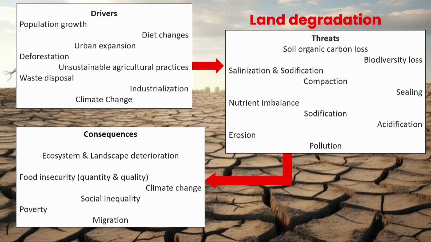Then we check the drivers of this land degradation. One of them is the increase in population around the world, even in our continent and our country, South Africa. And also the diet changes. We see that a lot of people try to eat healthy and try to get some sort of very good food. And that is also compromising our food system and also our land.